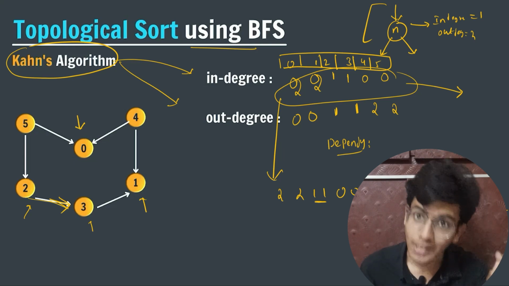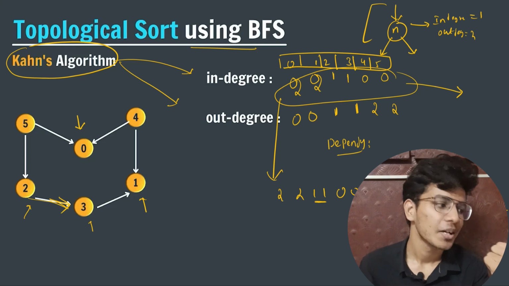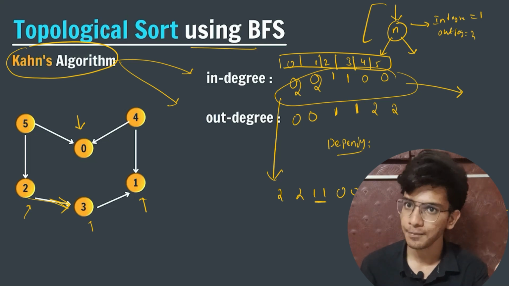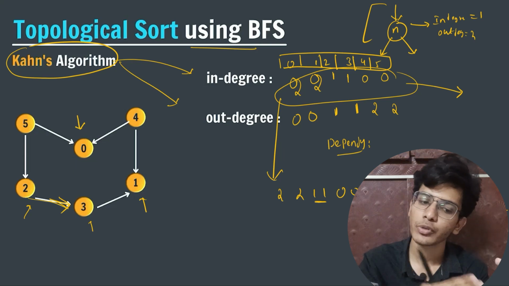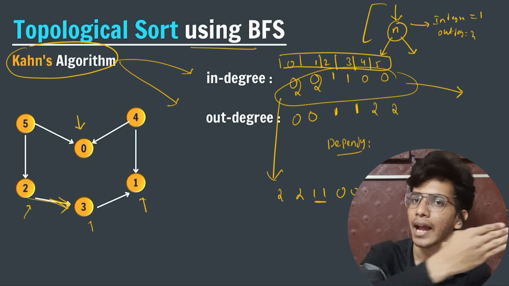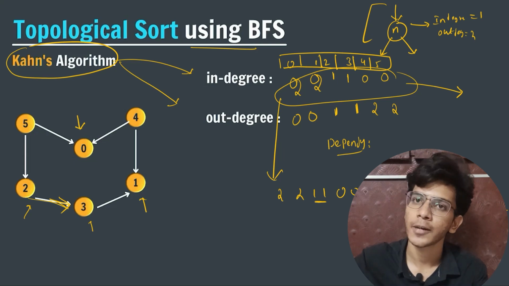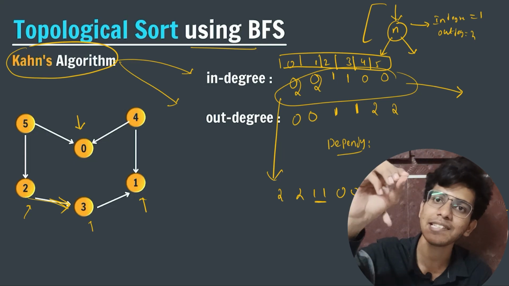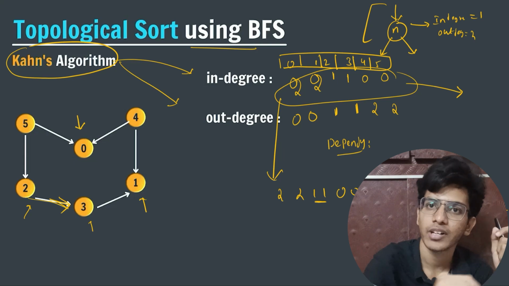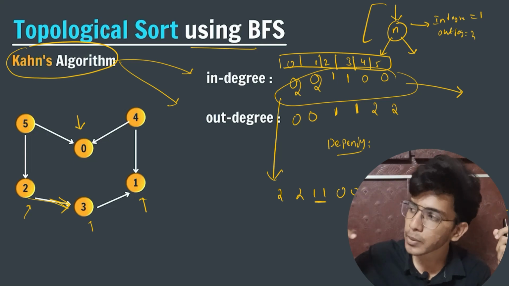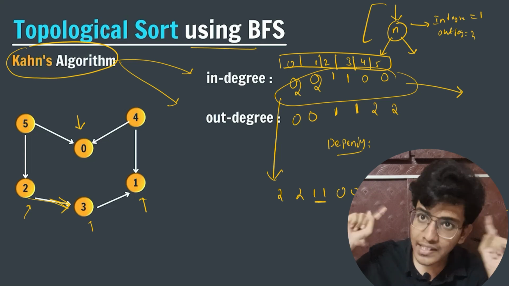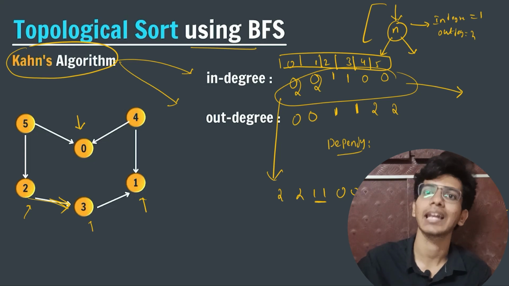Right, I hope you got the logic here. Very simple logic. First calculate the in degree, and after calculating the in degree, print the elements which have the least in degree, in ascending order. So the element which has the least in degree will get printed first, and the element which has the most in degree will get printed last. This is the logic of Kahn's algorithm.